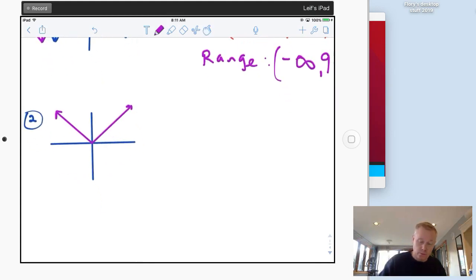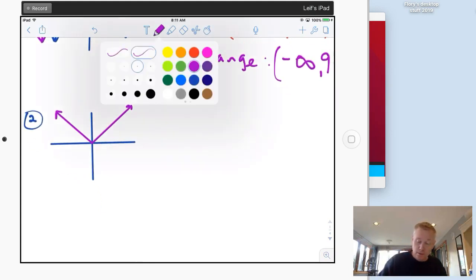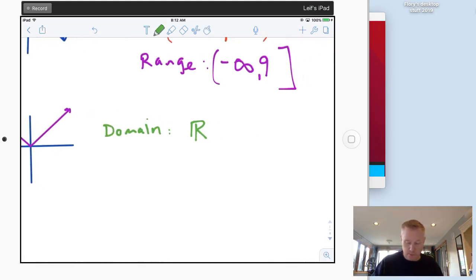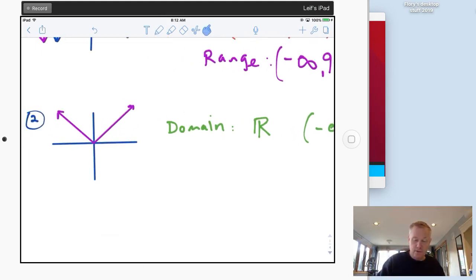Number 2, domain and range. So domain, once again, all real numbers, going from negative infinity to positive infinity, if I wanted to put it in interval notation. Range, different.